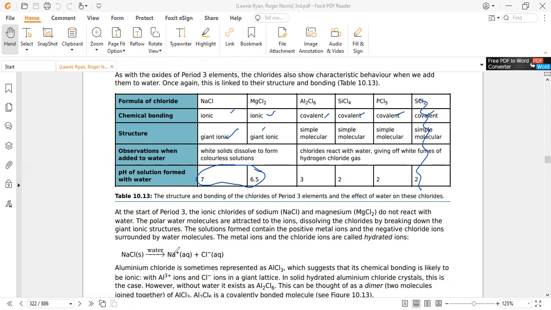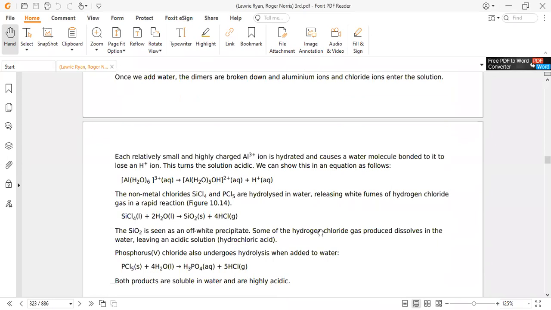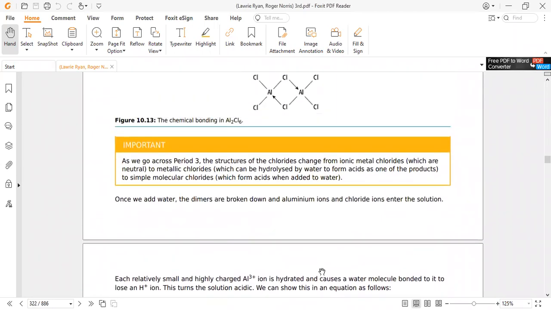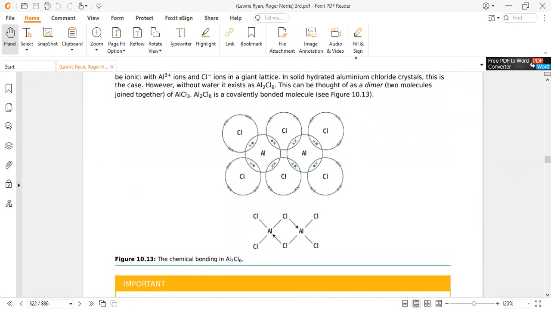So here is the equation. When an ionic compound dissolves in water, the ionic lattice breaks, and the sodium ion and chloride ion separate. This is marked as the enthalpy change of solution, or just dissolving the compound in water. In the case of aluminum chloride, there is a slightly complex condition.